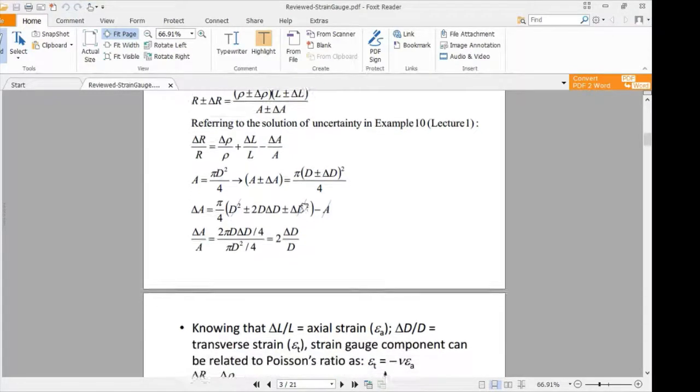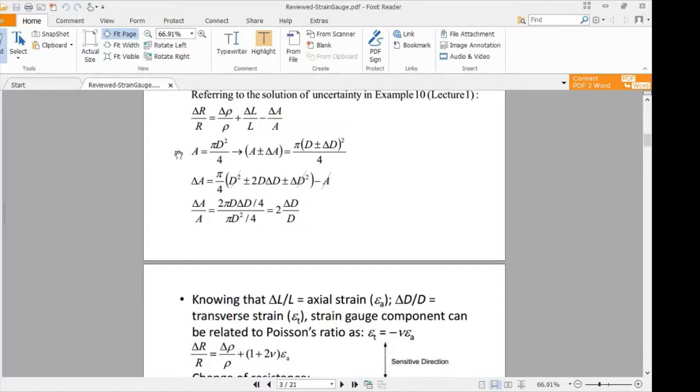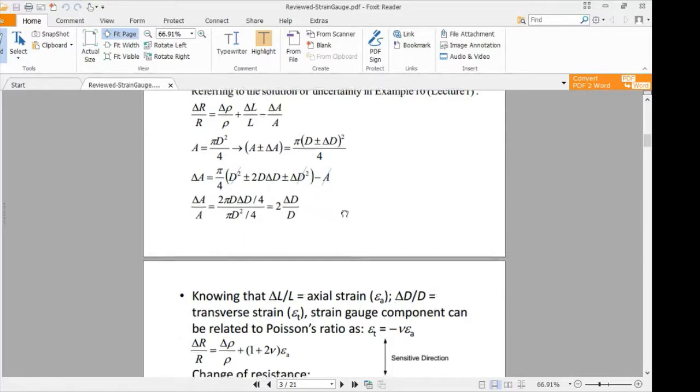We also know that the wire has a diameter, so the cross-sectional area of the wire can be determined by pi d squared divided by 4. Therefore, the change in area is related to 2 delta d divided by d.